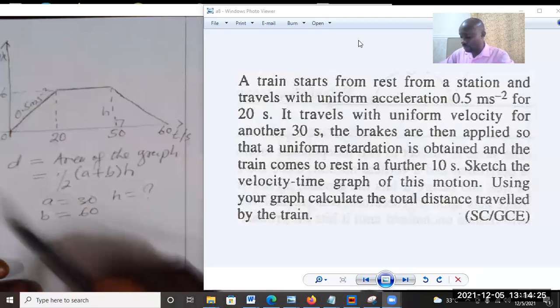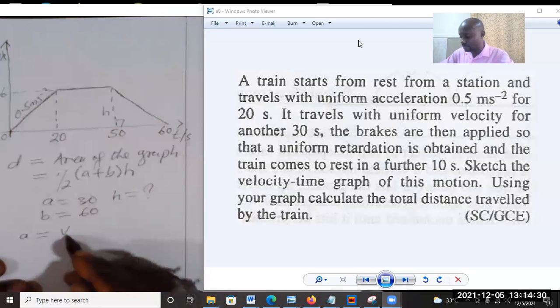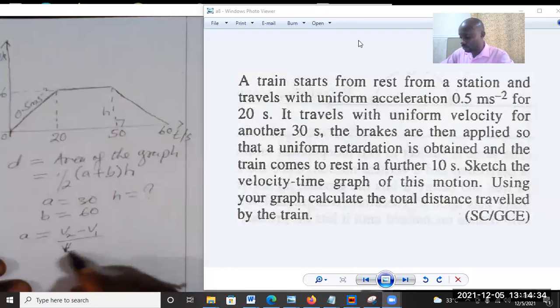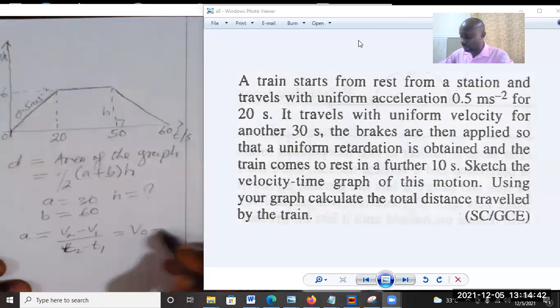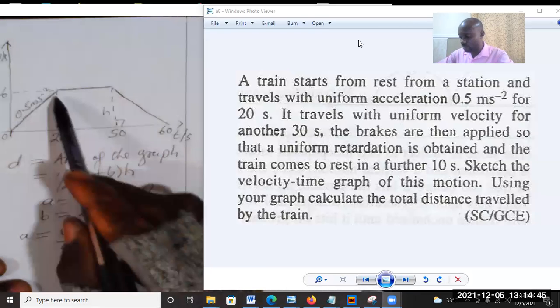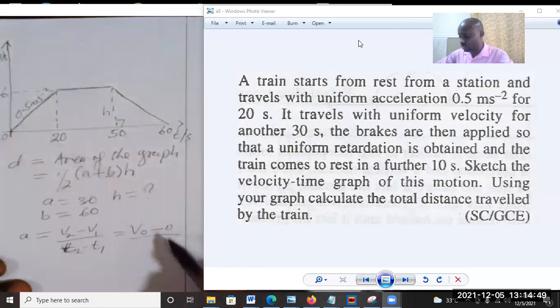The slope of a velocity time graph is acceleration, that is V2 minus V1 all over T2 minus T1. In this regard, V2 represents the V naught there, and then V1 here is 0. T2 is 20, T1 is 0.